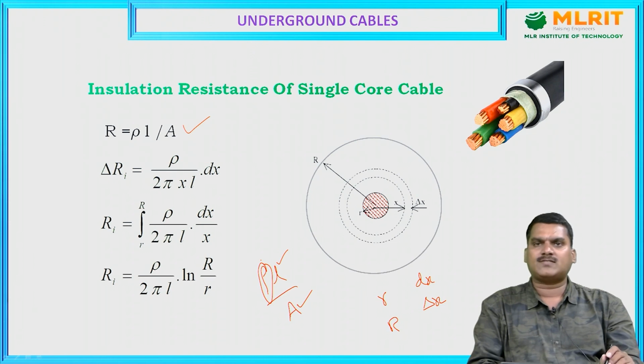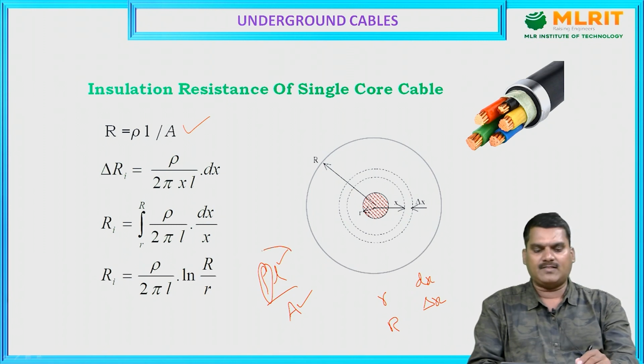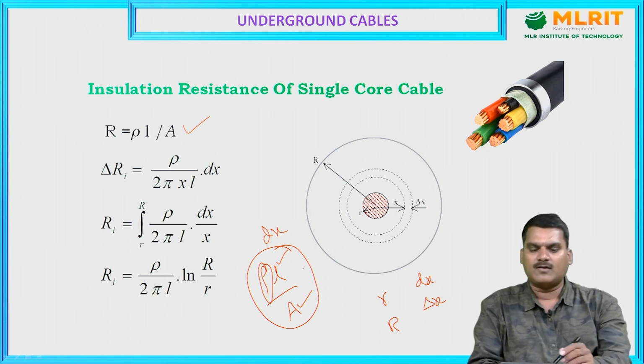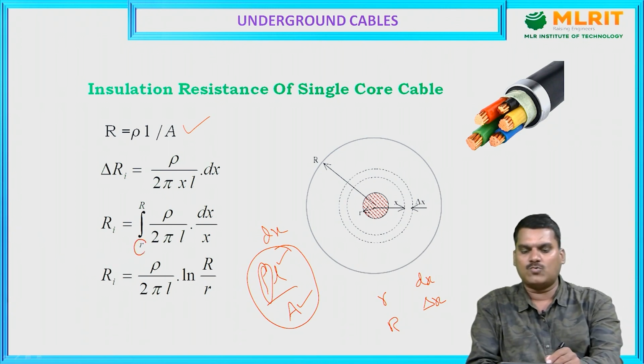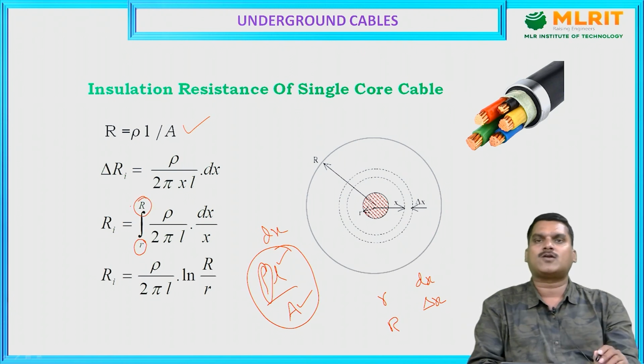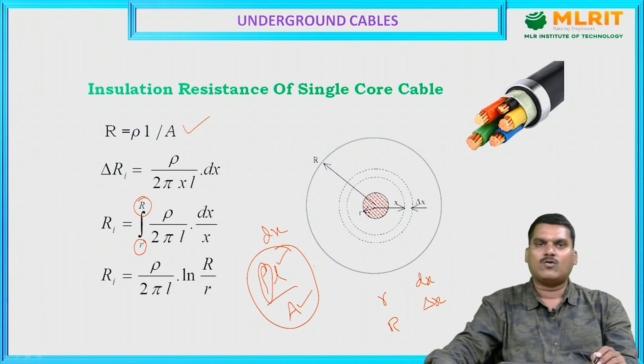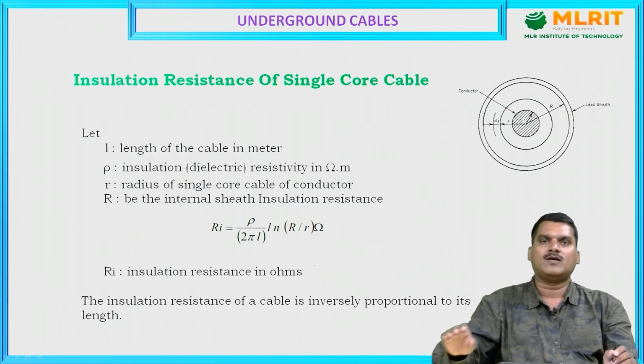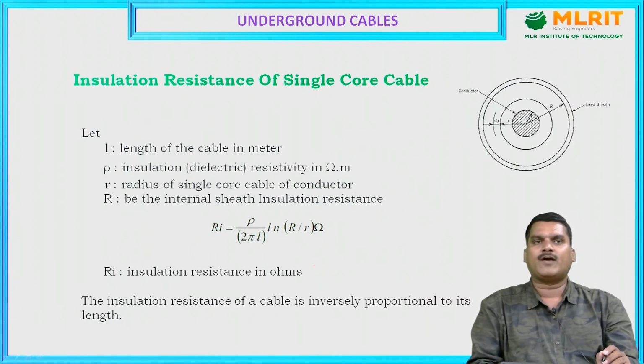Considering this formula, if you integrate it for the dx length from small r to capital R, finally we will get the total resistance of the underground cable as shown in the figure.